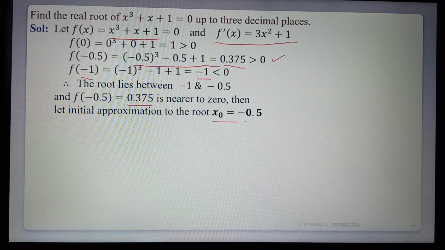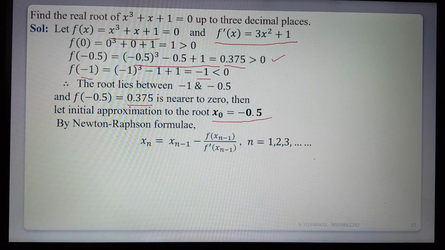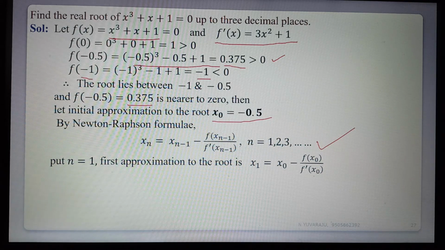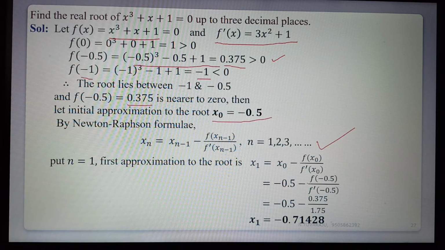By the Newton-Raphson formula, we find the remaining approximations. First approximation: x1 is equal to x naught minus f of x naught by f dash of x naught, that is minus 0.5 minus f of minus 0.5 by f dash of minus 0.5. After simplification, x1 is equal to minus 0.71428.